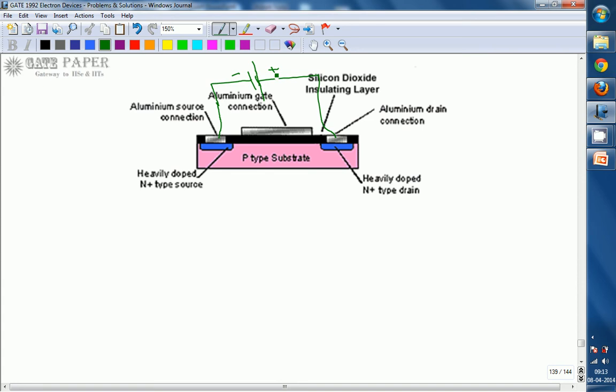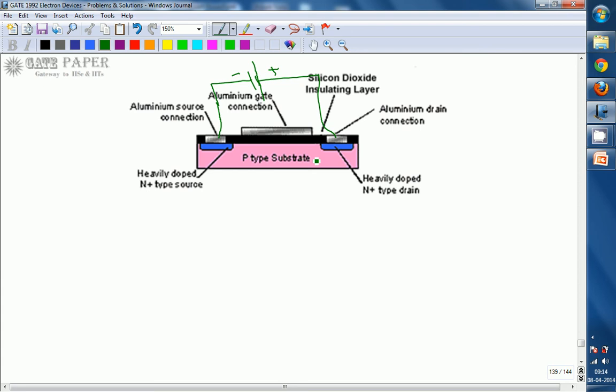If you apply a voltage VDS, at that time no current flows. The current flowing through the circuit is 0 because no channel has been formed between drain and source. So we must apply some voltage across the gate such that the channel gets created, and we can vary the channel length as well as width.